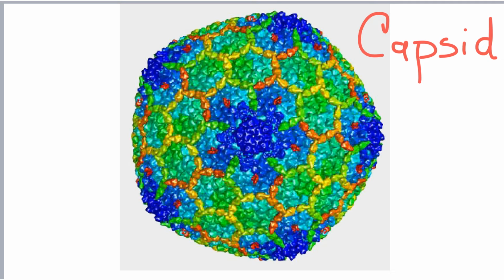Let's focus for a moment on the blue areas in this capsid. You can see that our diagram shows one right at the center.